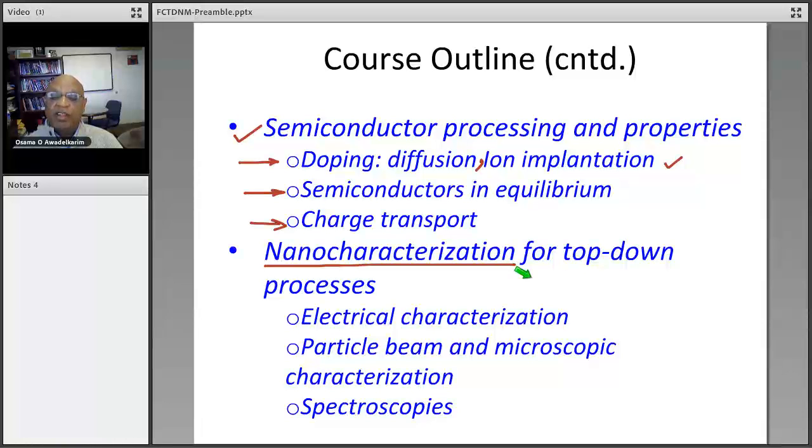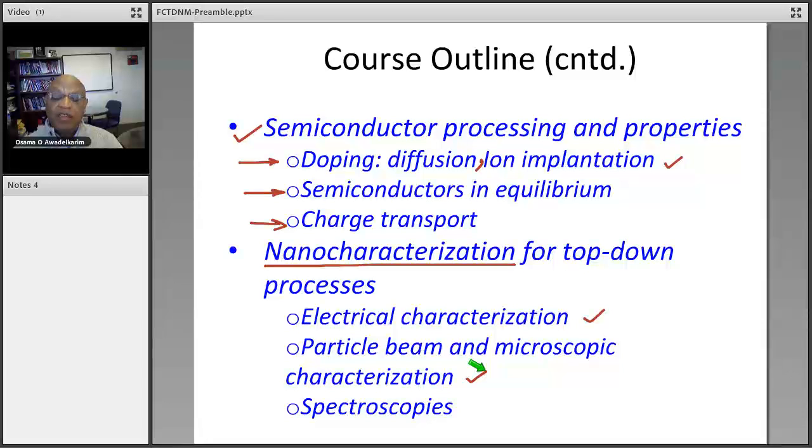And in nano-characterization, we'll discuss electrical characterization, particle beam characterization, as well as microscopic characterization. We'll discuss those in details and cover them also with some examples.